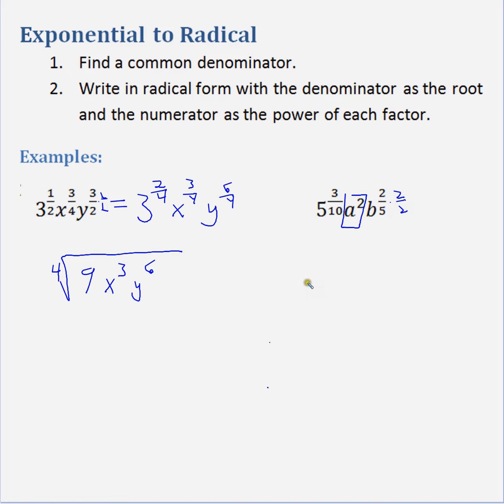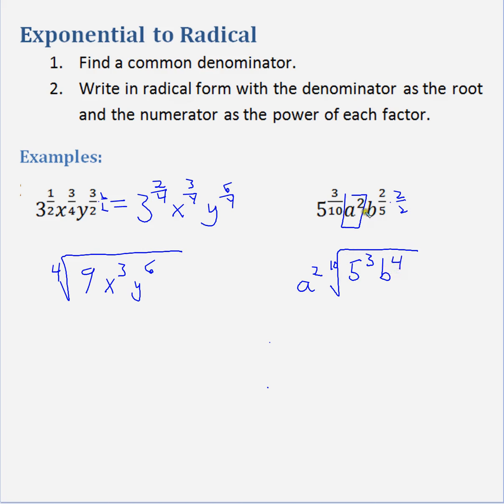And so this a squared doesn't need to be under a radical because it's not a fraction, so we'll leave that on the outside. And then we'll have our root, and this is a 3/10, and this is going to be a 4/10. So our root is the 10th root, and then we'll have a 5 cubed, which if you want to multiply that out, 5 cubed is 125, and b to the 4th.